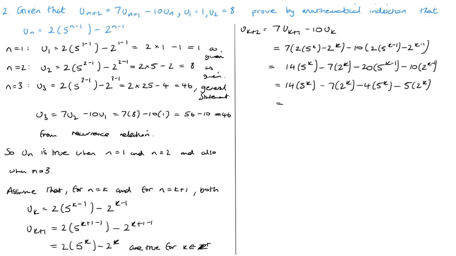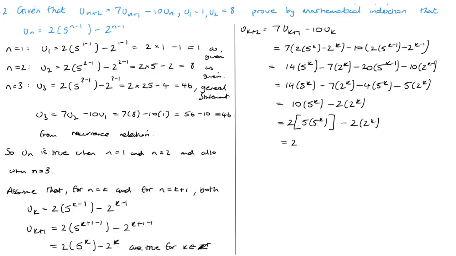So this now gives me 10 times 5 to the k minus 2 times 2 to the k. Now we had 2 outside of our 5 to the power, so I'm just going to bring that 2 out, and then we've got 5 times 5 to the k minus 2 times 2 to the k.